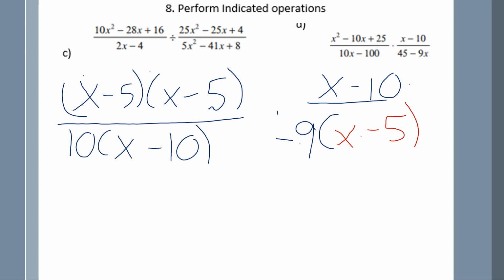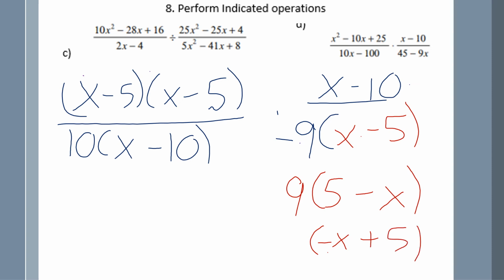Because guys, when we were doing it with 9, 5 minus x. Now, you could rewrite this, but it's going to come out as -x plus 5.